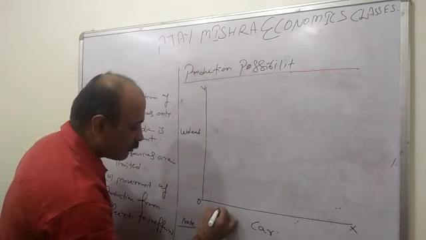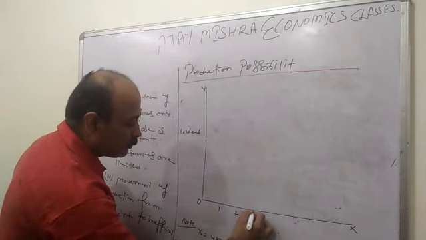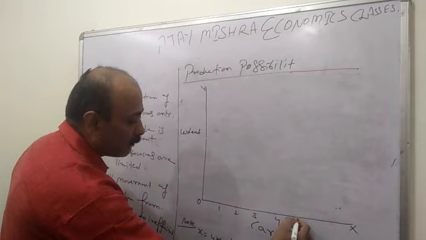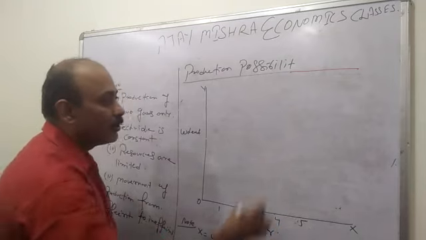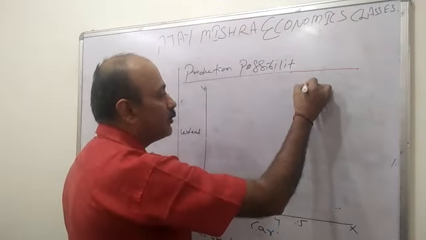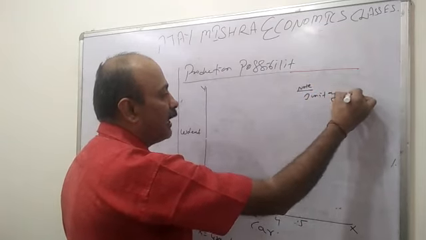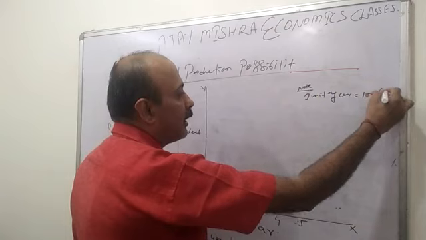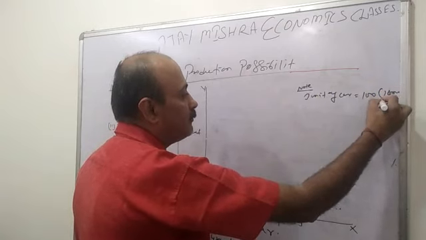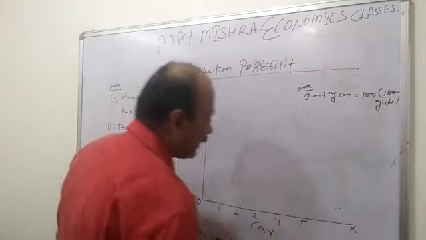So now we take unit 1, now 2, now 3, now 4, now 5. Here we can write the note that 1 unit of car is equal to 100 tons of wheat. Accordingly we draw.